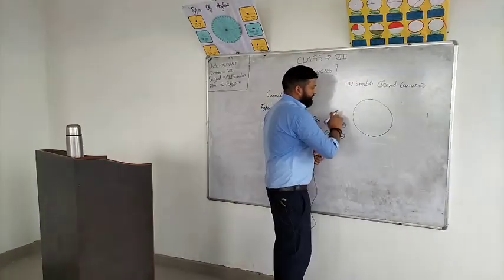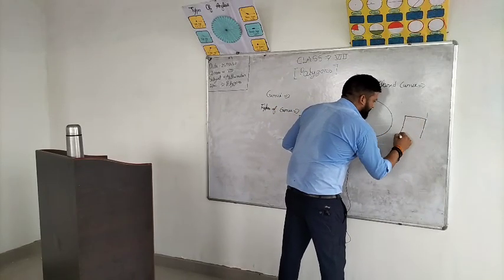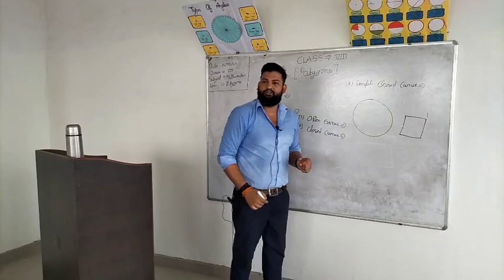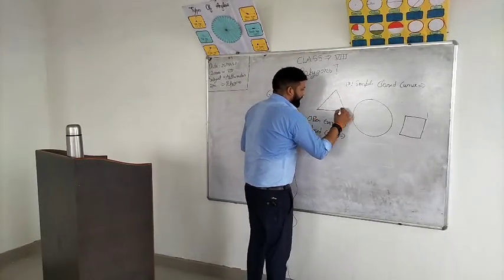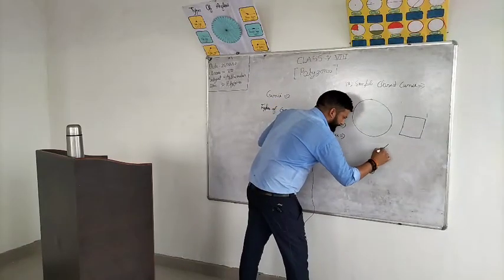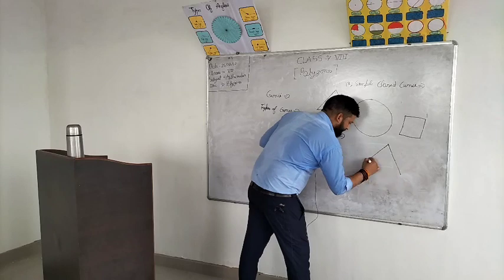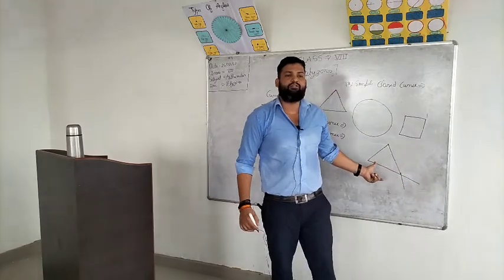Simple closed curve. And after that you can say there is a quadrilateral. This is a simple closed curve. Triangle, this is a simple closed curve. But in some cases if you find a figure like that, can you tell me this is a simple closed curve?